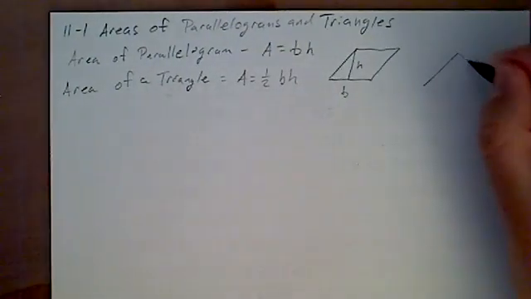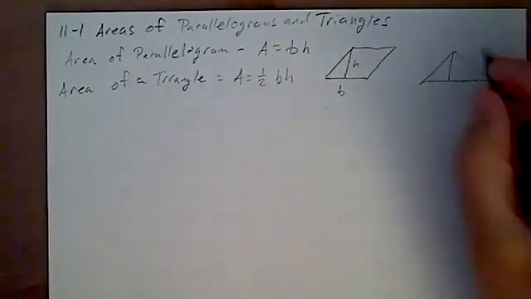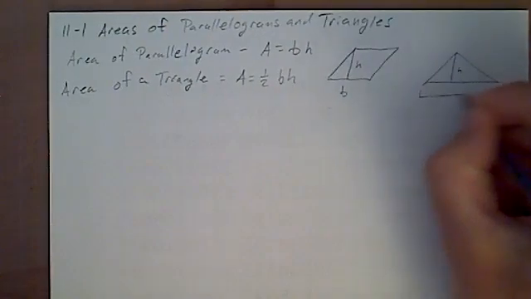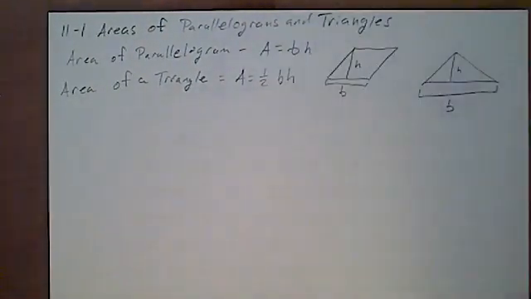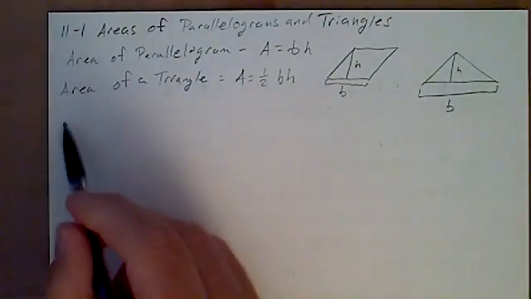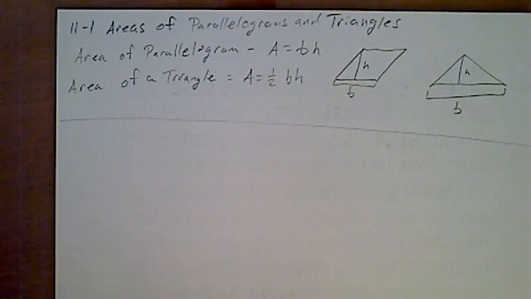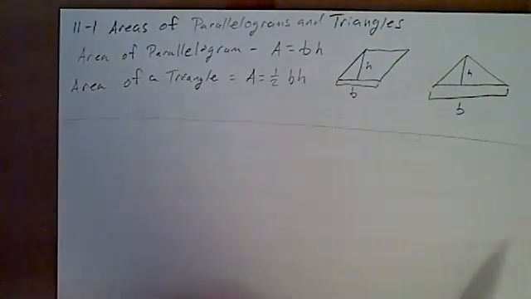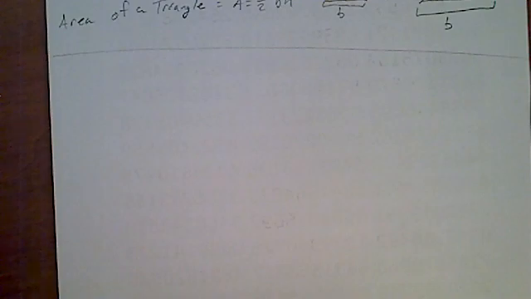So if we have some triangle, the height is one of the altitudes, and the base is the side that the altitude is going to. All right, so these are the two important things that we're looking at today. We'll also look at the perimeter of these figures. So let's start with an example of a parallelogram.